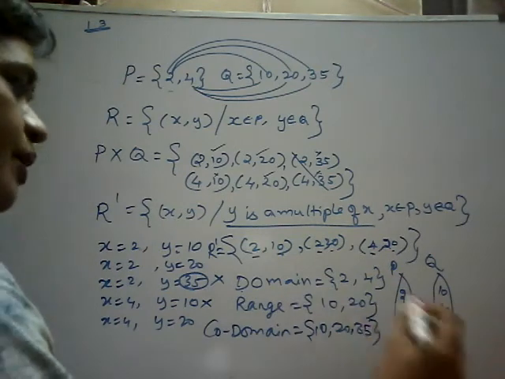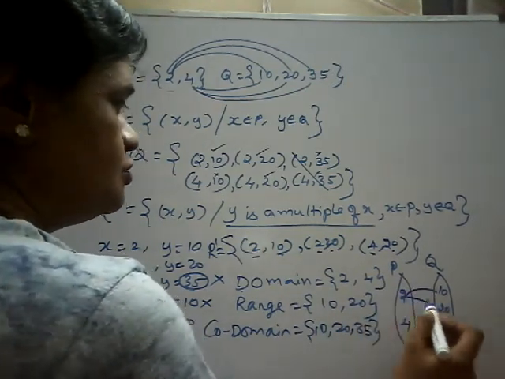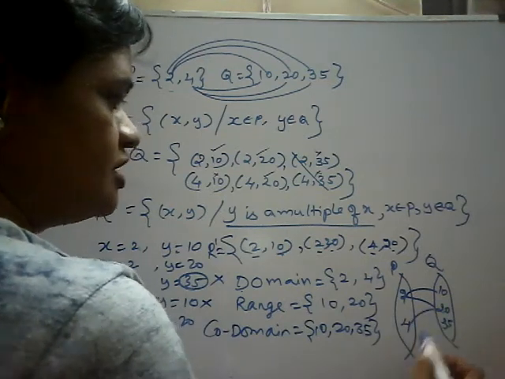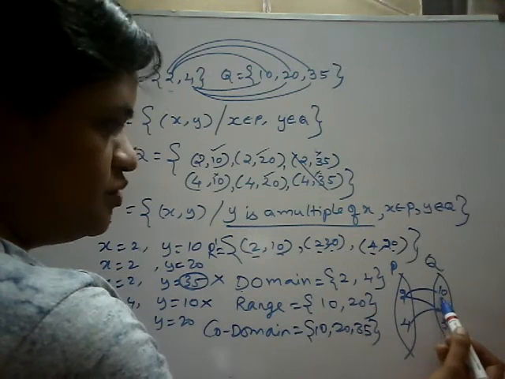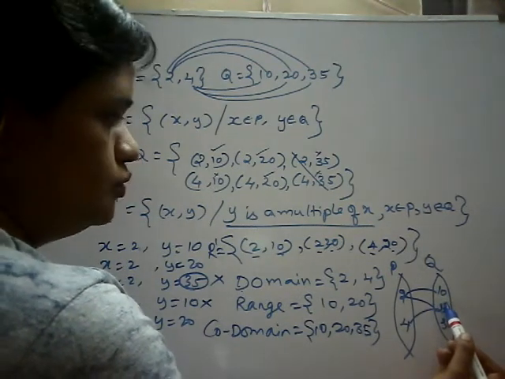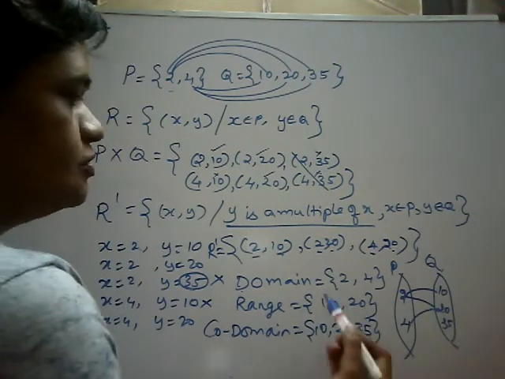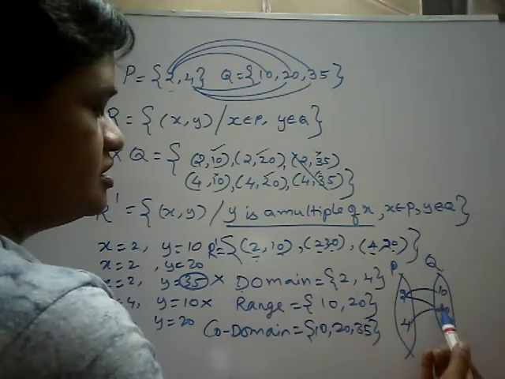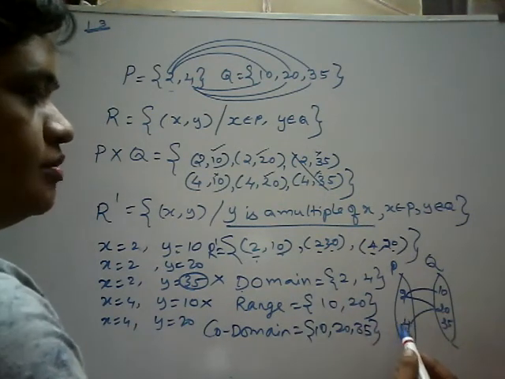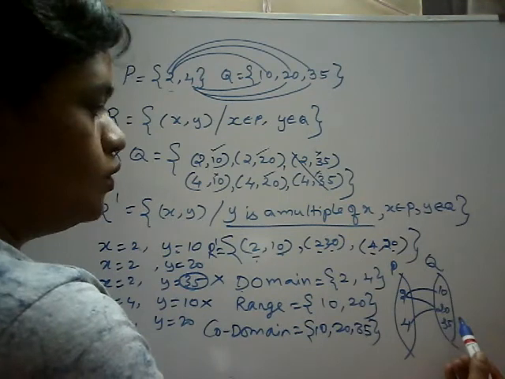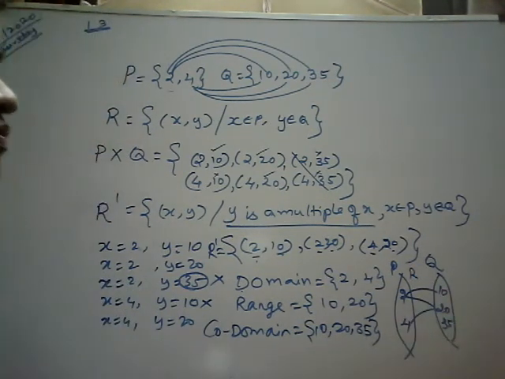Only the paired elements we will say are the range. So 2 is paired with 10, 2 is paired with 20 and 4 is again paired with 20. So each element of this P set has images over Q. Those elements alone we will say are the range. The first set elements are the domain, and the domain elements have images over the codomain. So the related elements alone we will call range elements.